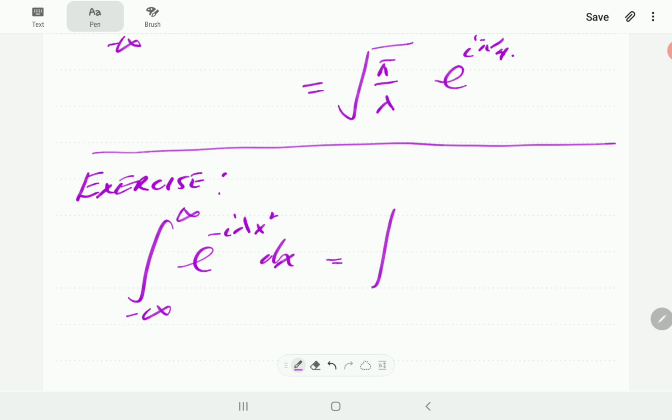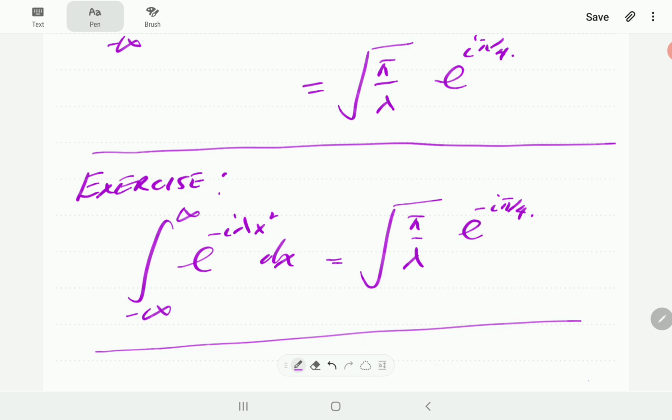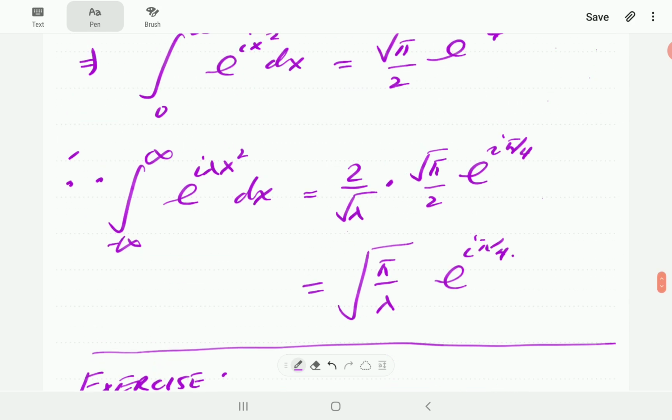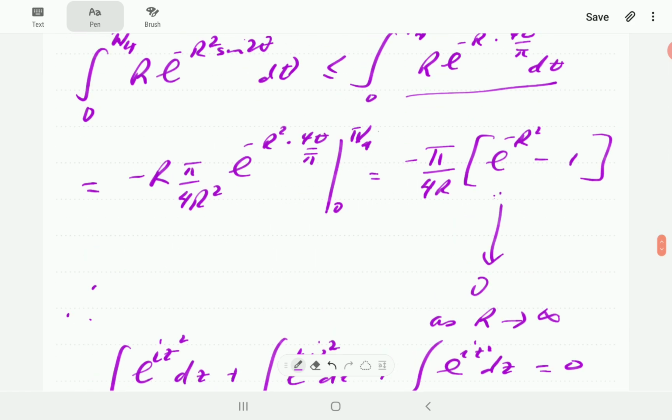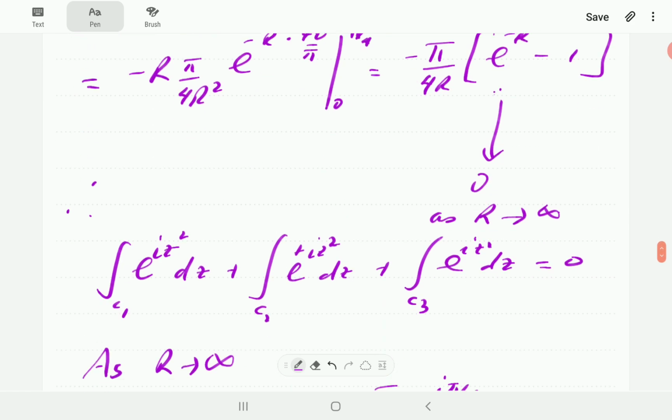Show that this one gives us square root pi over lambda e to the negative i pi over 4. So you're going to have to start with or construct a relevant contour for your derivation. All right.